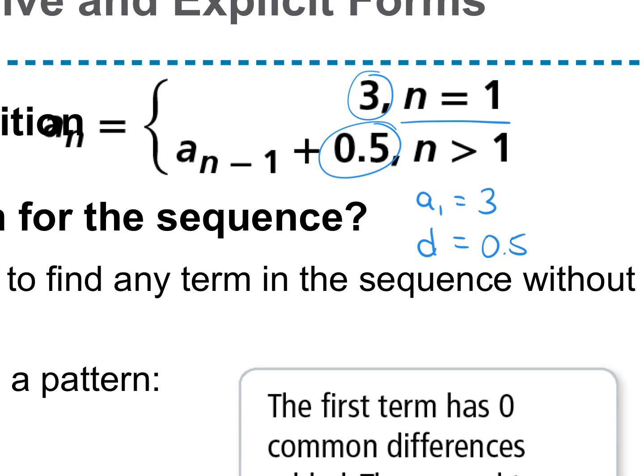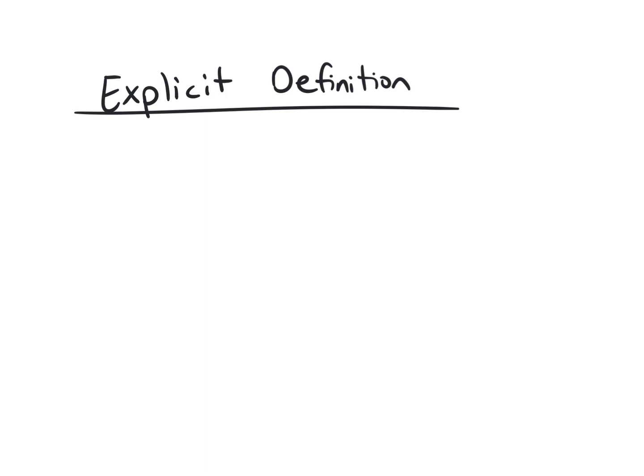Okay? All right. Let's talk about our last definition for today. It's called the explicit definition. The explicit definition and the recursive definition go hand in hand. You can take these notes off to the side again. They work together.